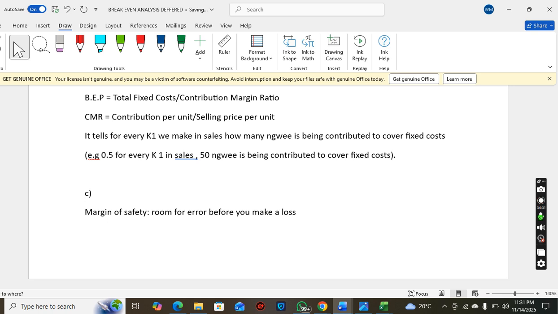So think of this as the safety cushion before you reach your break-even point and start making a loss.